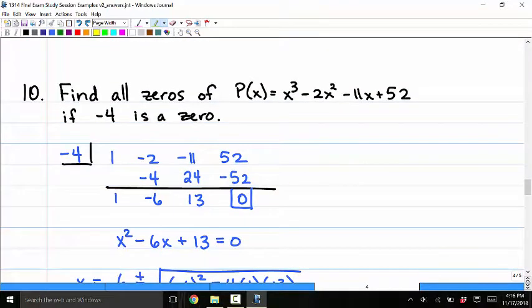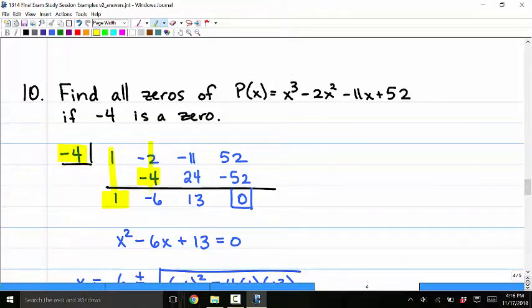Number 10, find all the zeros of the given polynomial if you know negative 4 is a zero. So again, we're going to put negative 4 in our half box. We're going to put our coefficients up here on the top row. Once we do that, we're going to do the synthetic division. Bring down the 1. Do 1 times negative 4 to give you negative 4.